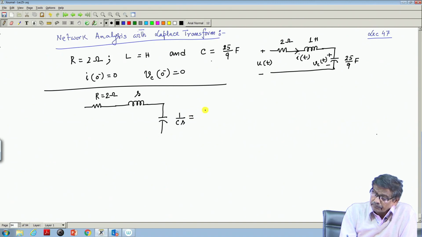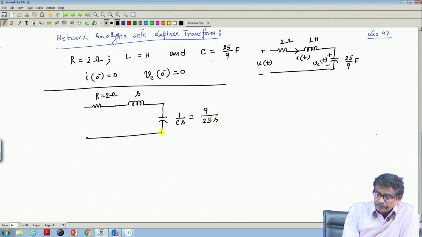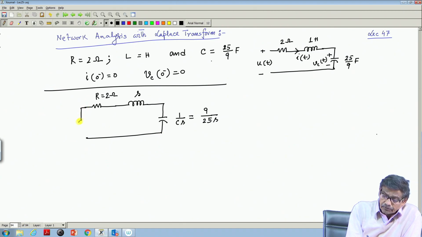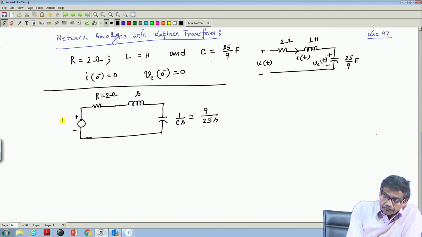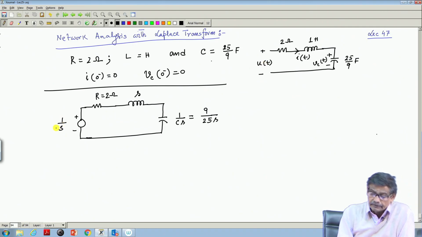So, this will become 9 by 25 S. This is the circuit, and here you have applied a voltage, the Laplace transform of that voltage. So, the Laplace transform of u(t) is 1 by S.